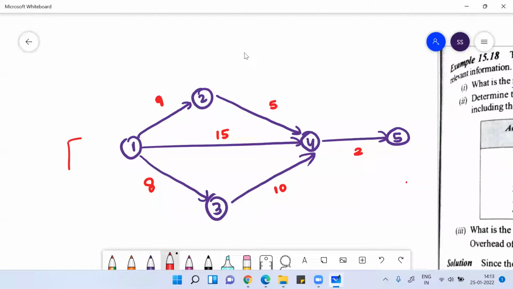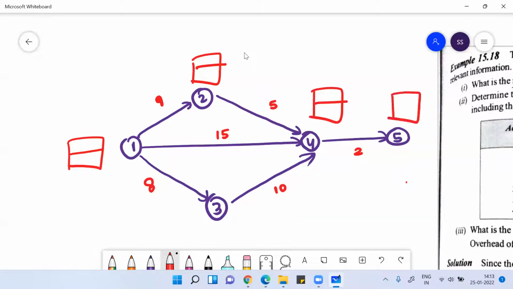So I can do the forward pass calculation to determine the critical path. Here you can start from 0, 0 to 9, 9 days. 9 plus 5, 14. 0 plus 8, 8, 8 plus 10, 18.